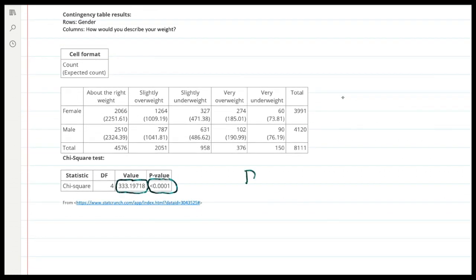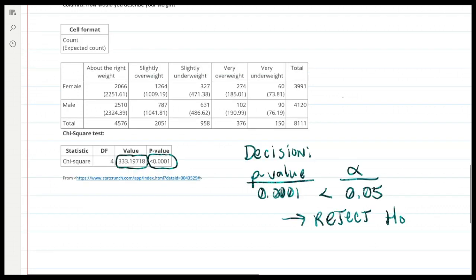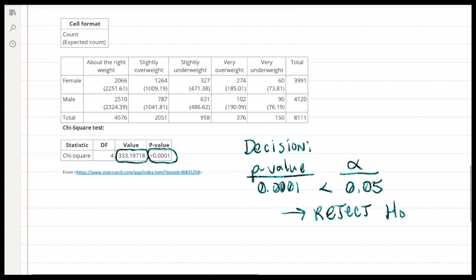Let's make a decision, based on that p-value and our alpha, as designated in the beginning of the problem, 0.05. Our p-value is less than alpha, therefore we reject our null hypothesis.